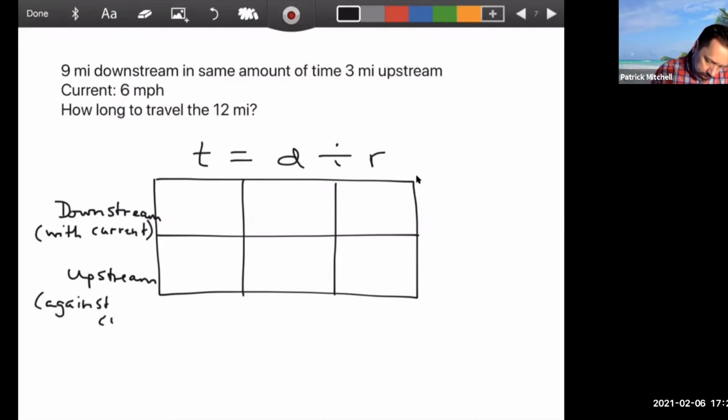So let's fill in the easy parts of this, and then I will help you figure out the rest. Downstream, he goes 9 miles. Upstream, he goes 3 miles. At this point, I'm going to define a variable. This is one of those cases where I am not going to name my variable after what's being asked.